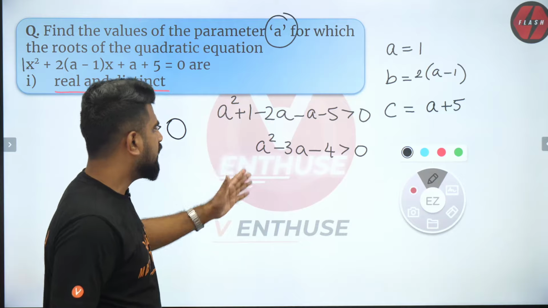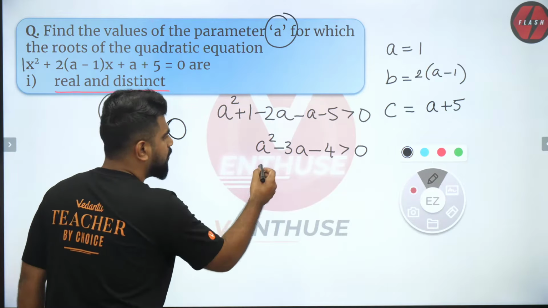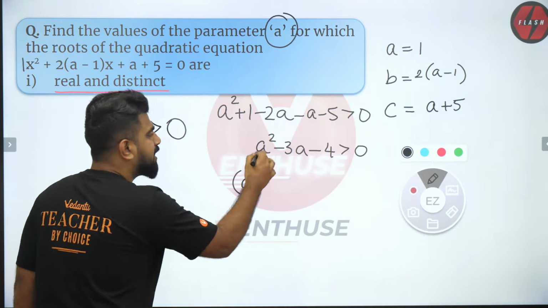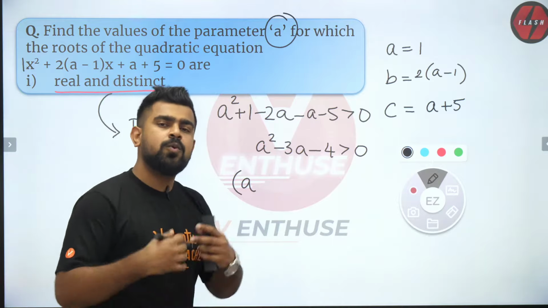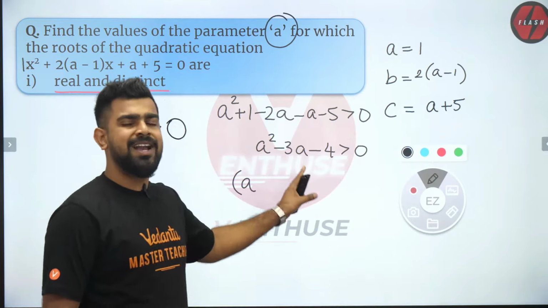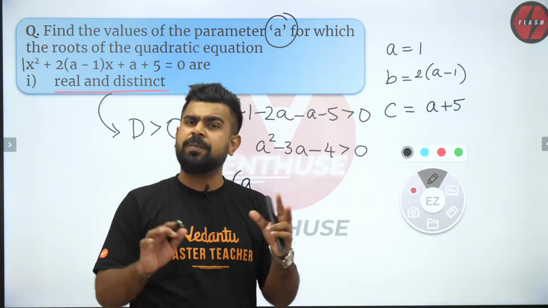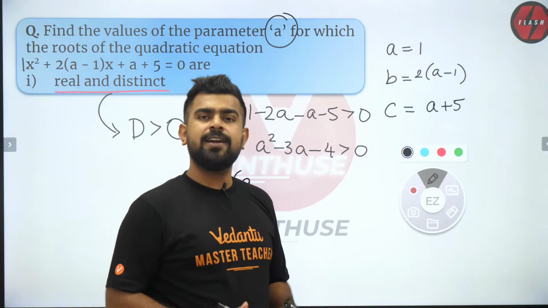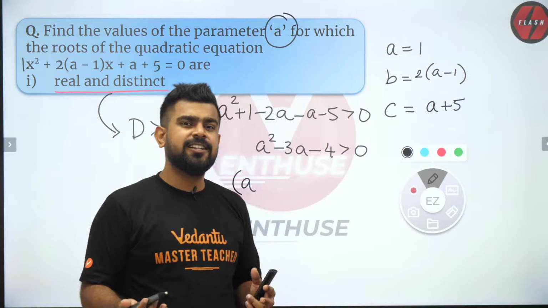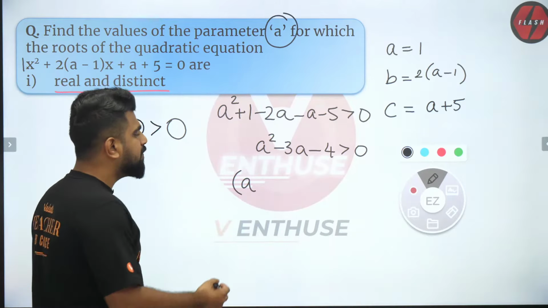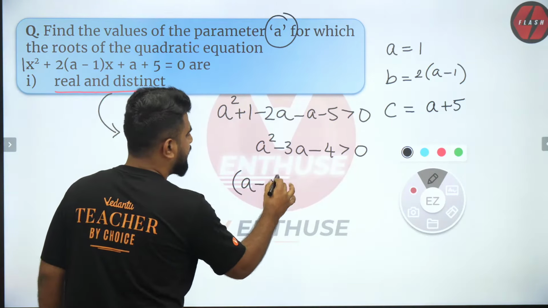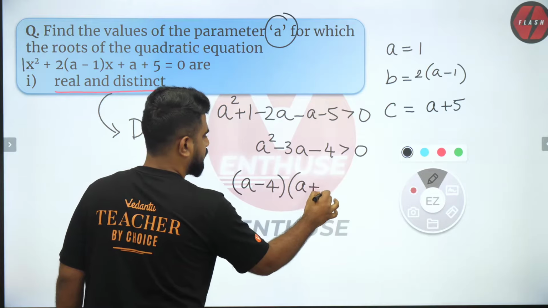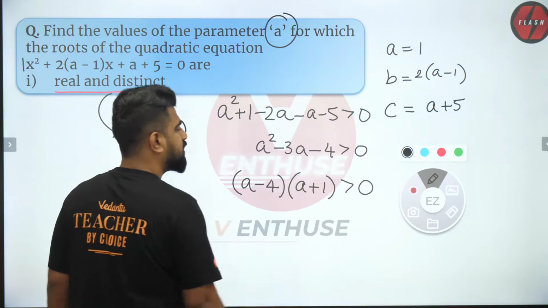Okay. Listen carefully here, guys. First of all, what will I do here is I will factorize it. So when I factorize it, what happens? I have a square minus 3a minus 4. I'm sure everybody knows how to split the middle term. That is something we learnt in our 10th standard, isn't it? So you should be very comfortable with it. It will be a minus 4 into a plus 1. Isn't that right?